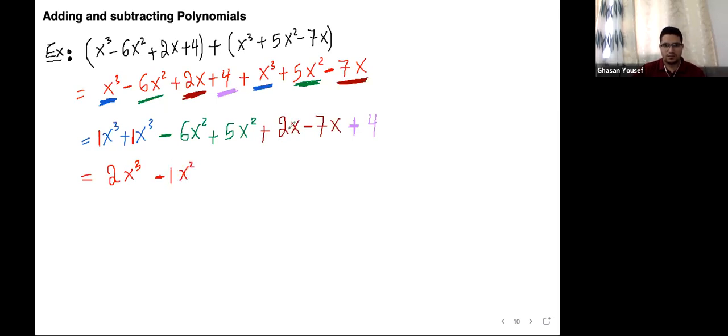Now here plus 2 minus 7 gives me minus 5, because I just add the coefficients of the variables that have the same power. So I get minus 5x. And the last thing is the number 4, which is plus 4. And that's it. This is the final answer. The final answer is 2x cubed minus x squared minus 5x plus 4.